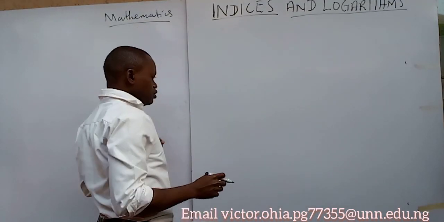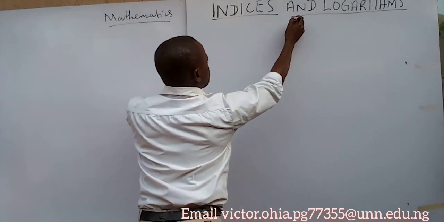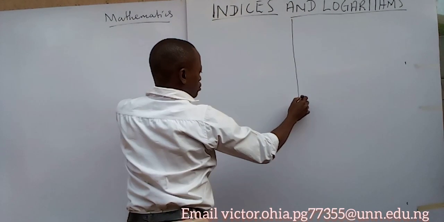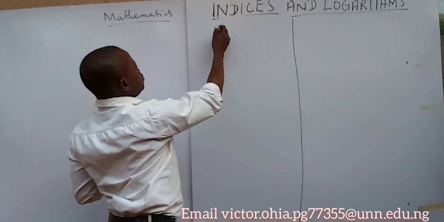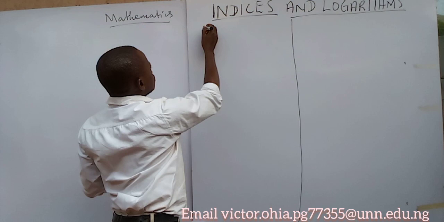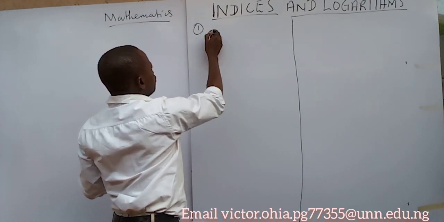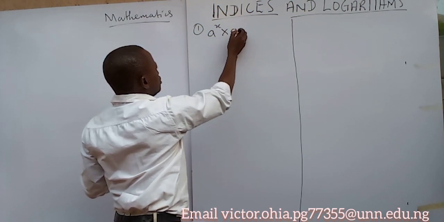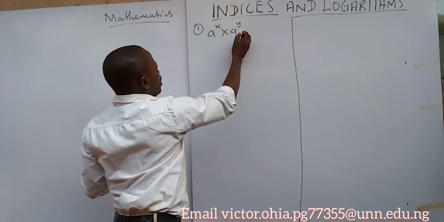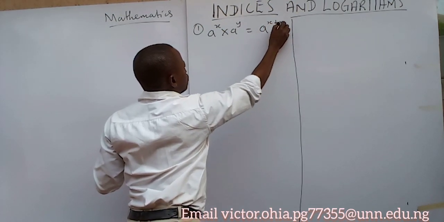Okay, so if you come to the laws of indices, this may not be the first time you are coming across something that says, number one, if you have a raised to power x multiplying a raised to power y, it will be a raised to power x plus y.